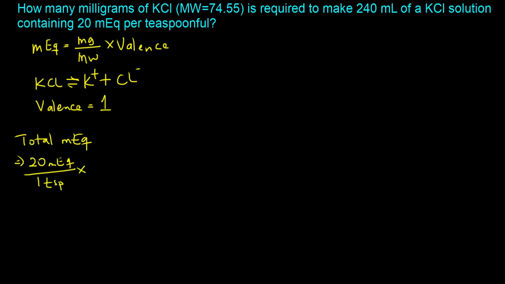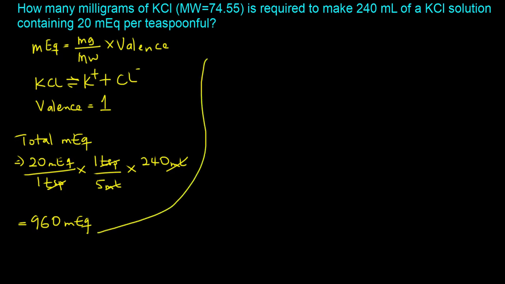We do a quick conversion. 1 teaspoon is equivalent to 5 milliliters. The volume that we are preparing is 240 milliliters. So the milliliters cancel out, the teaspoon cancels out, and then we can now determine what the total milliequivalents is. And so we'll end up having 960 milliequivalents.